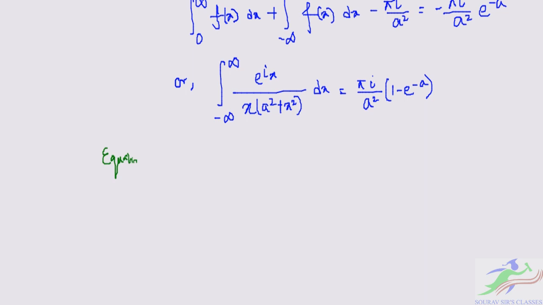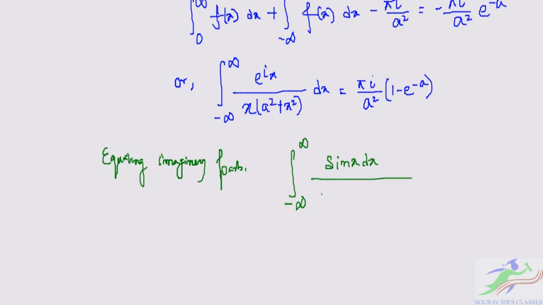Equating imaginary parts, we get the integral from minus infinity to plus infinity of sin x dx by x multiplied by (x square plus a square) will be pi by a square times (1 minus e to the power minus a).